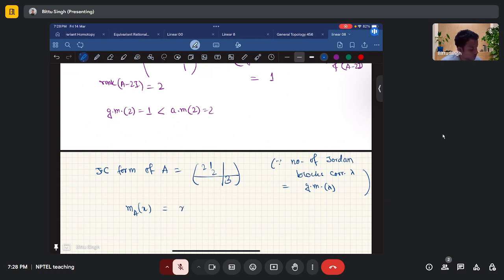There will be one factor x minus 2, another factor x minus 3, and the size of the Jordan block is 2.